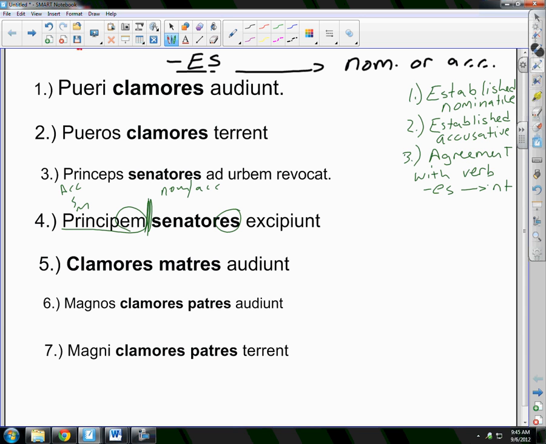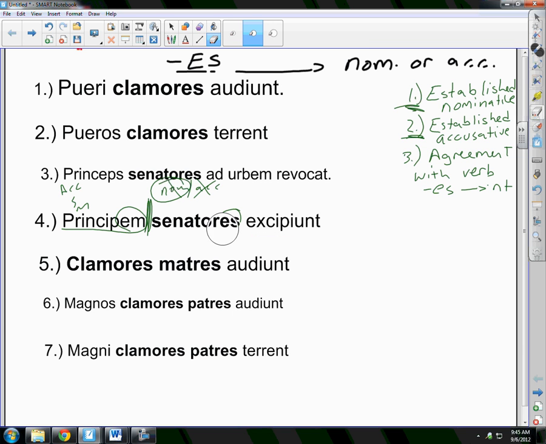Number 2, I've established an accusative, so I have a nominative here. I'm done. Subject is senators. The verb is excipient, welcomes, and then principium is my direct object. So the senators welcome the prince.